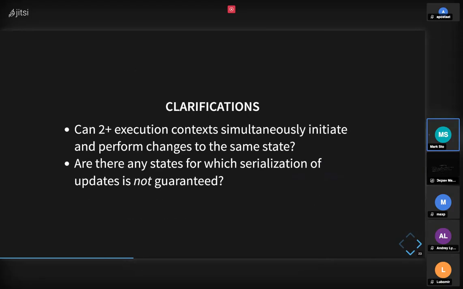Clarifying questions here are: can two or more execution contexts simultaneously initiate and perform changes to the same state? Are there any states for which serialization of updates is not guaranteed? That is, there is no discipline or mechanism that orders concurrent writing so that writes always execute one at a time in some order, while other execution contexts only initiate changes indirectly. The edge case is when the state is encapsulated.